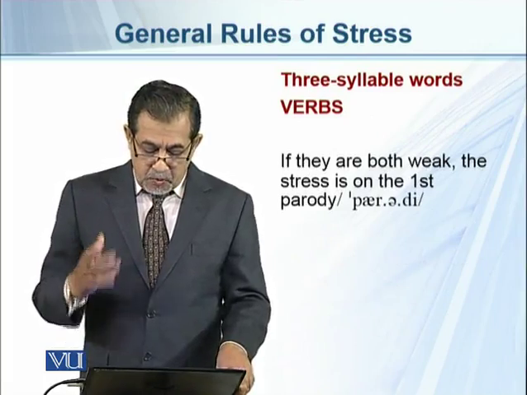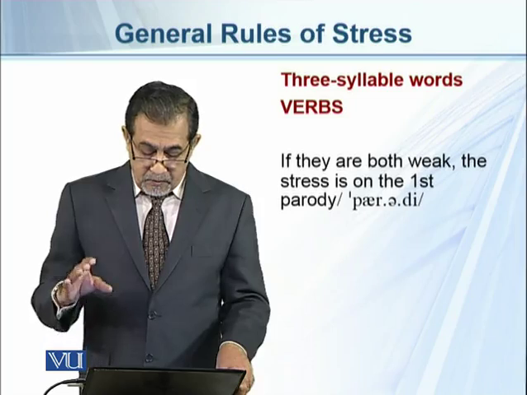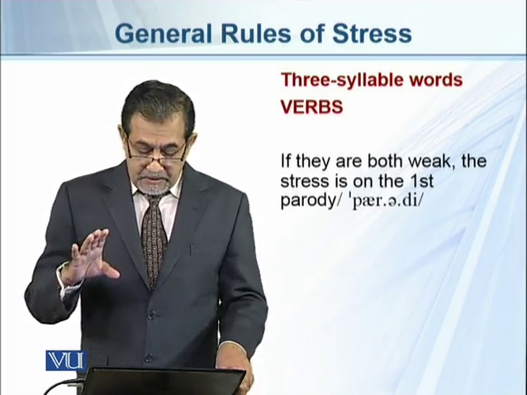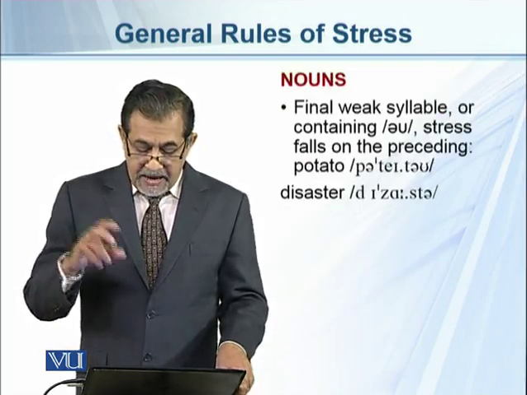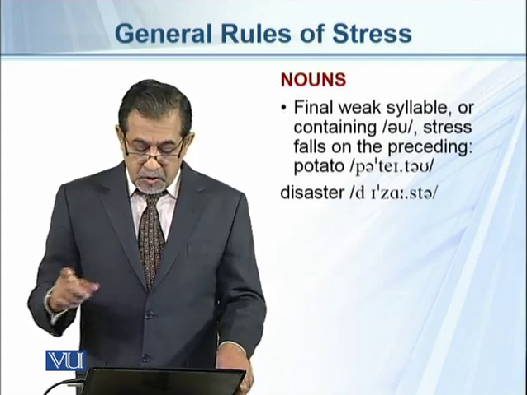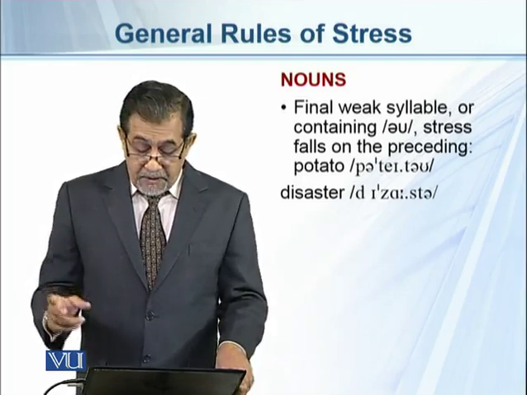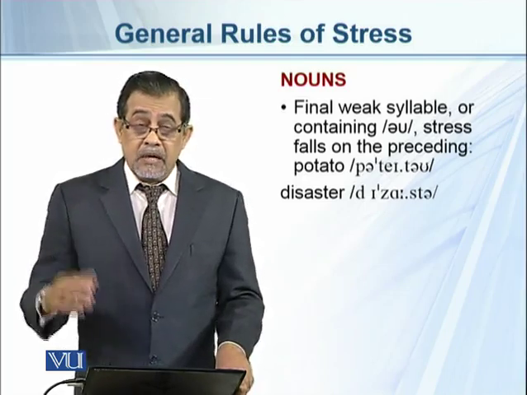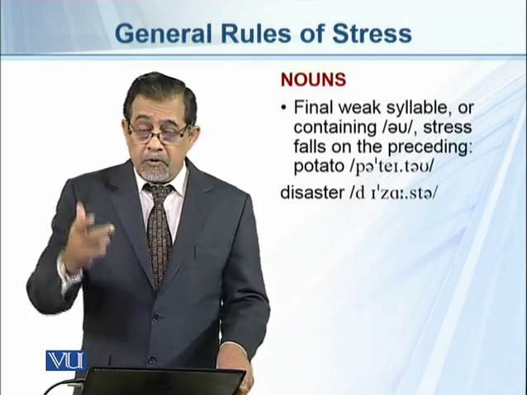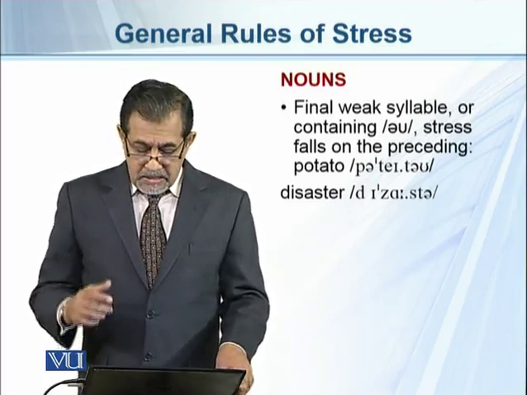Three-syllable words, verb. If they are both weak, the stress is on the first syllable. For example, parody. Final weak syllables containing O: stress falls on the preceding syllable. For example, potato. So the final has the sound O, as we said that even in two-syllable words like follow, the stress goes to the first syllable because of the O sound.